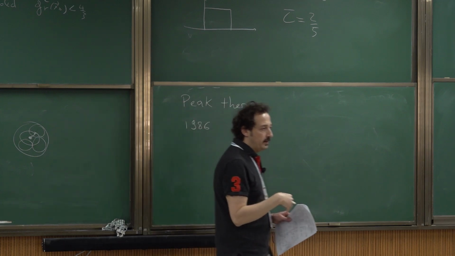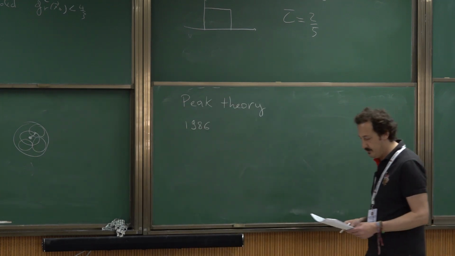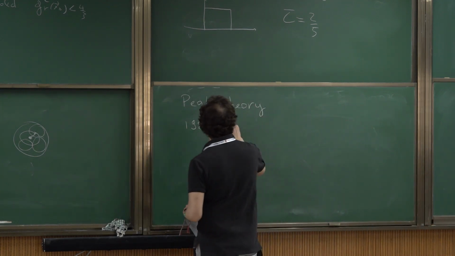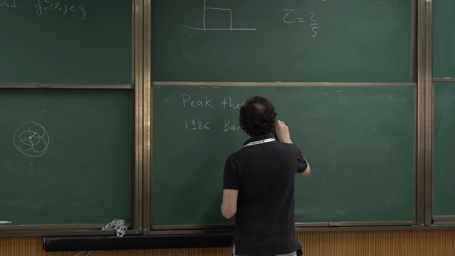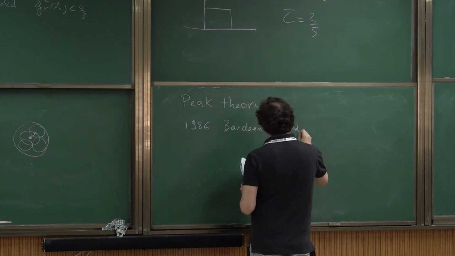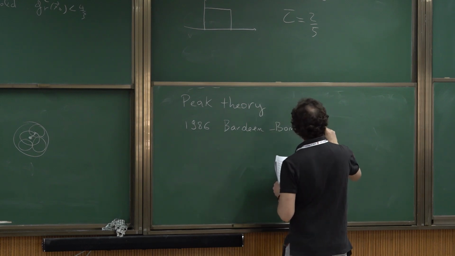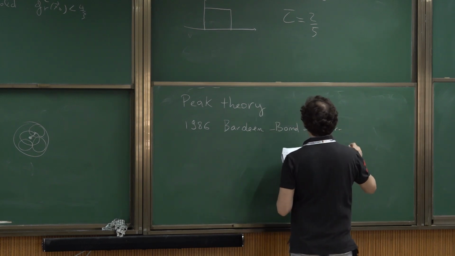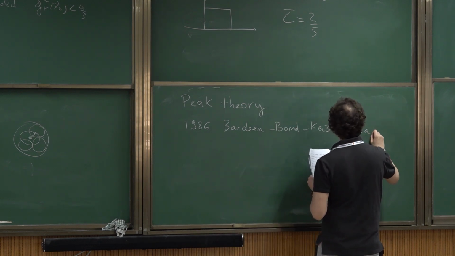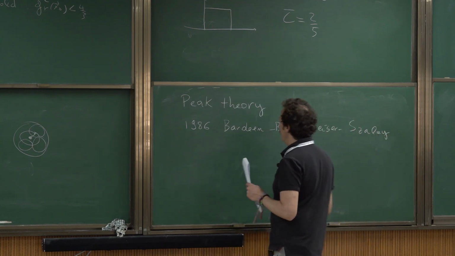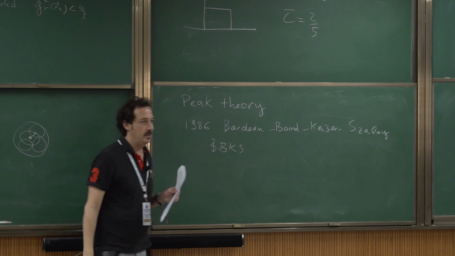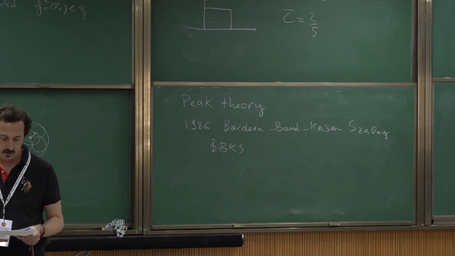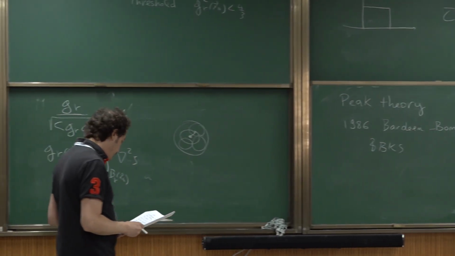So we are borrowing things from large-scale structures, and it was given by Bardeen, Bond, Kaiser, and Szalay, also known as BBKS. Okay, so peak theory, also known as BBKS.